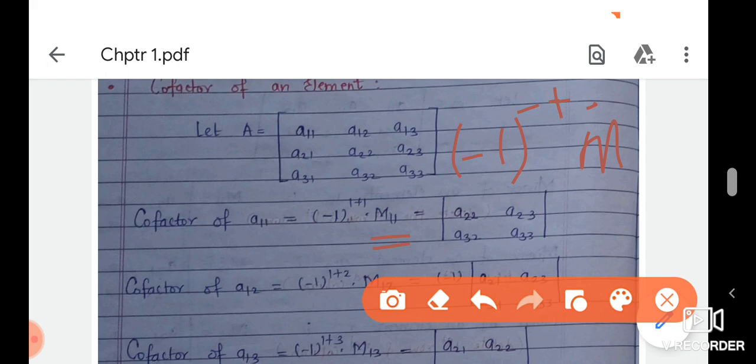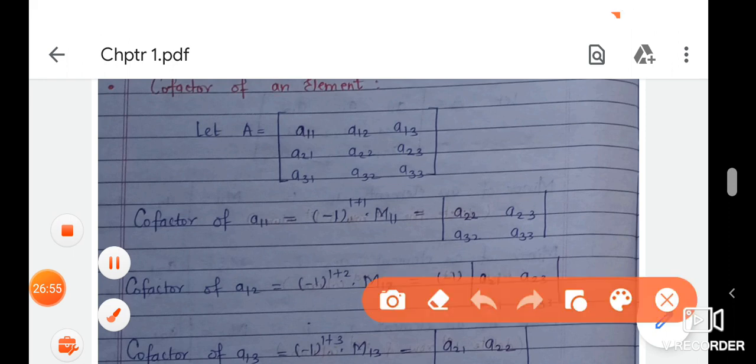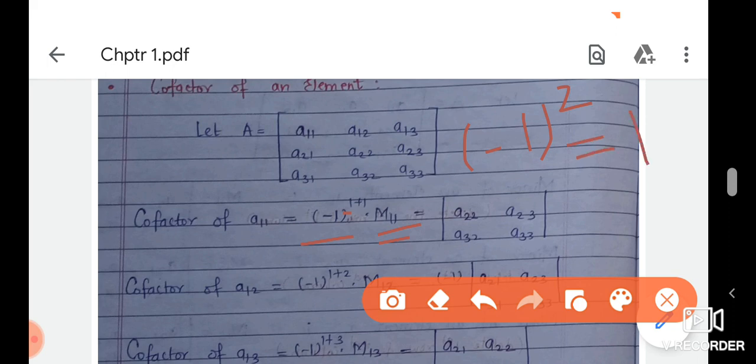Okay. See for A11, minus 1 is to 2, since your row is 1, column is also 1. So 1 plus 1, M11. Now minus 1 is to 1 plus 1, which is minus 1 to the 2. And the square of a negative number is positive. So it is 1. So simply you will be left with M11. 11 means what? Delete the first row, first column. Okay. So that is the determinant.